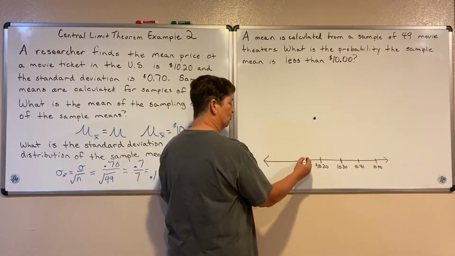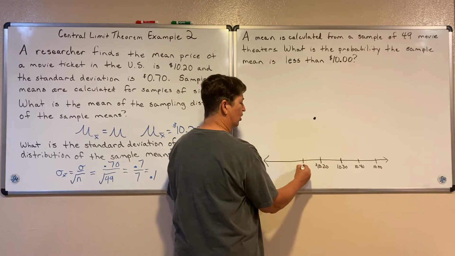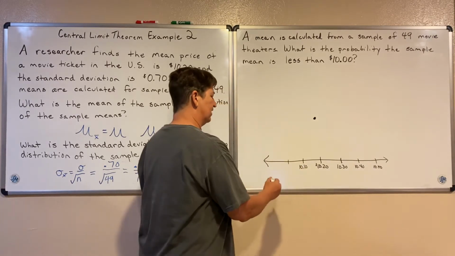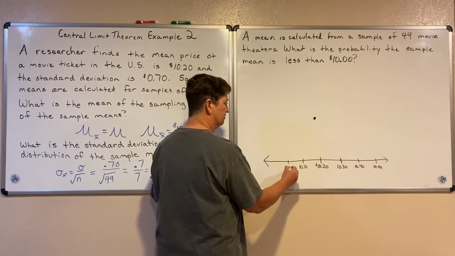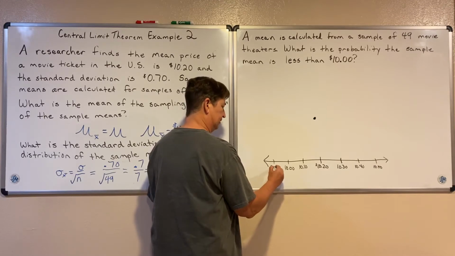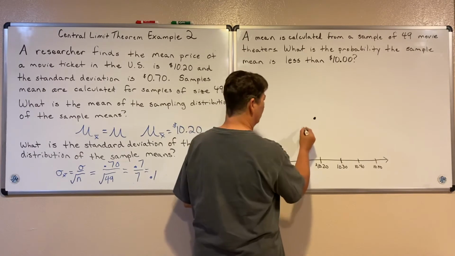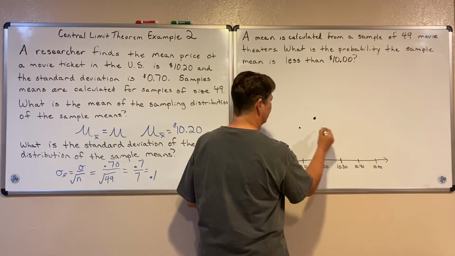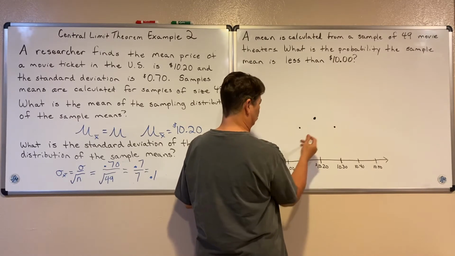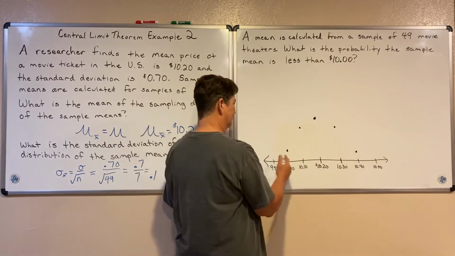I'm going to count backwards as well, so I go below the mean or below average. 1/10 would be $10.10. Down another standard deviation and I'm at $10. And down one more, I'm at $9.90. Now because it's approximately normal, I know that each one of those standard deviations, there's an inflection point, and I also know that it's symmetric, so both sides of my distribution will be the same.